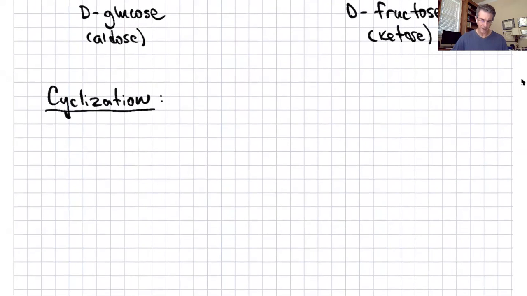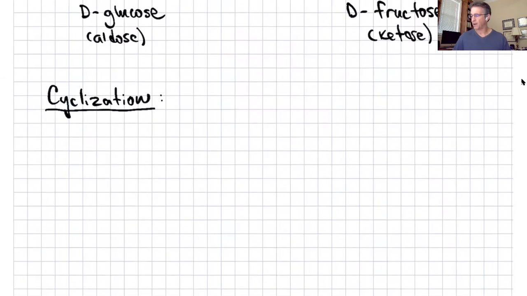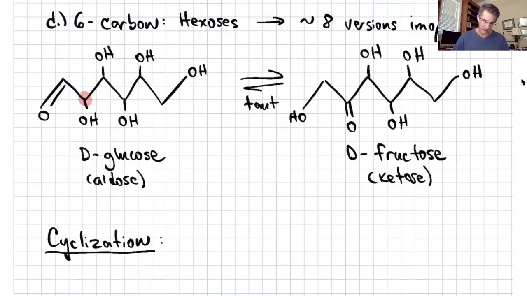And this cyclization proceeds as a result of nucleophilic attack of one of these alcohol groups on the carbonyl carbon, the carbon atom that has that double bond O group. That carbonyl containing carbon also gets a name. It's worth knowing this, because you'll probably hear me use this term.